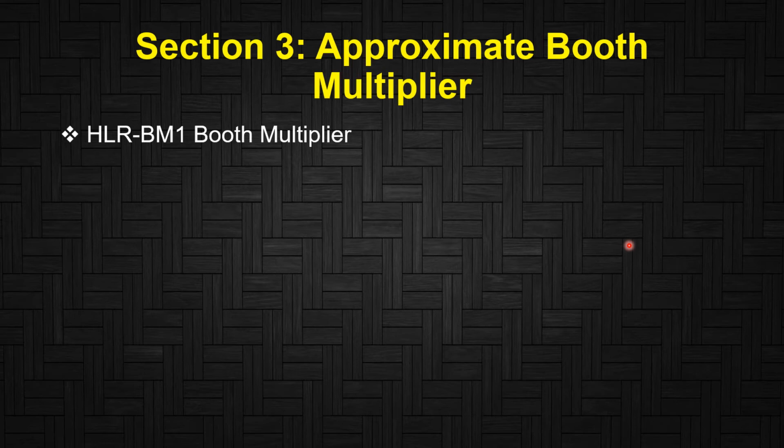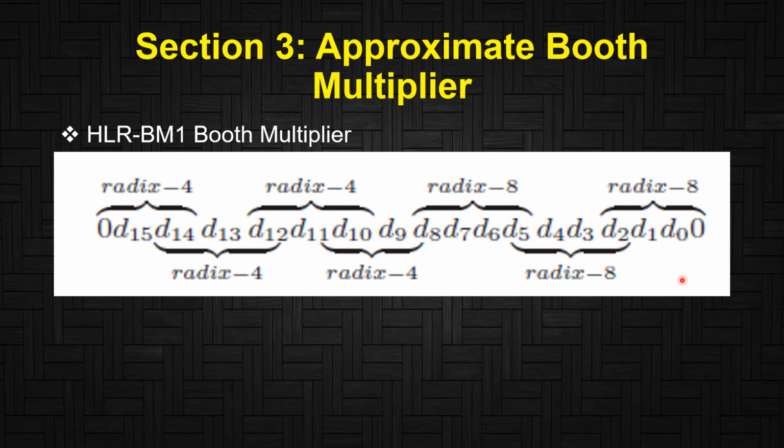In HLR-BM1, the 9 most significant bits of the multiplier are treated with radix-8 approximate computation, whereas radix-4 encoding is used for the 7 remaining bits. The result is 7 partial products in total, out of which 3 are generated using approximate R8-ABE1, whereas the remaining 4 use the radix-4 encoder.